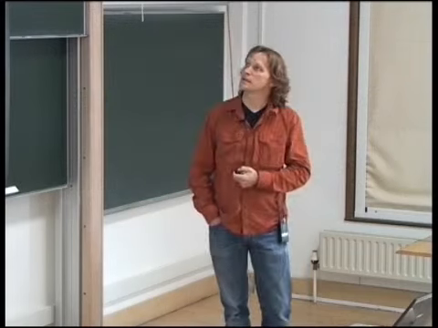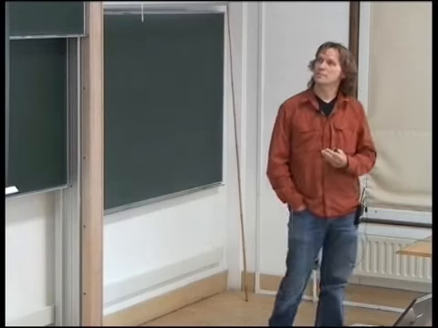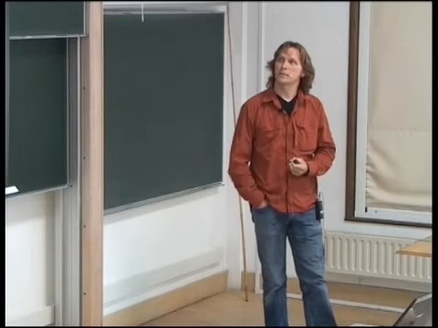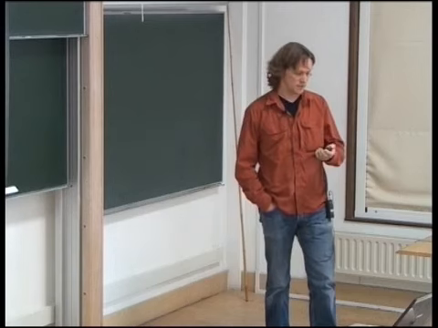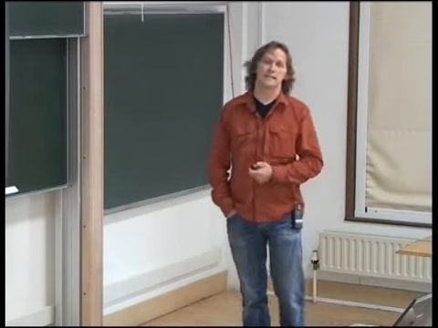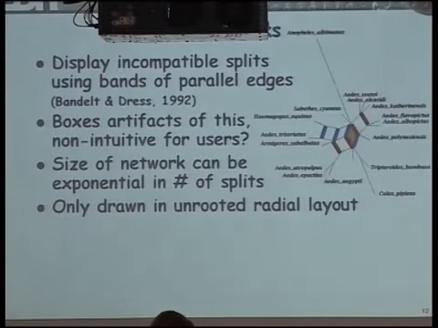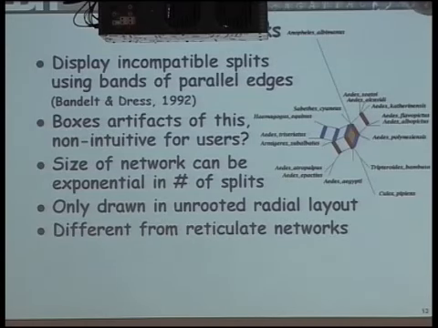And then another thing that computer scientists don't like is that the number of edges and nodes in the network can be exponential in the number of splits, which is obviously not good. And we usually only see it in this layout. We don't see it in other drawings that look more like trees, more like what biologists are used to. And these networks are very different from another type of phylogenetic networks that people are studying called reticulate networks.